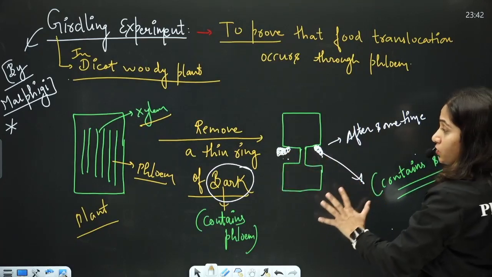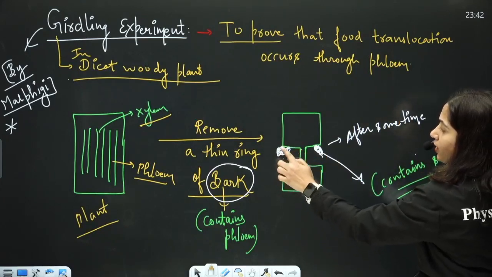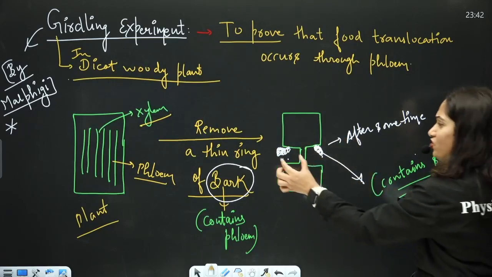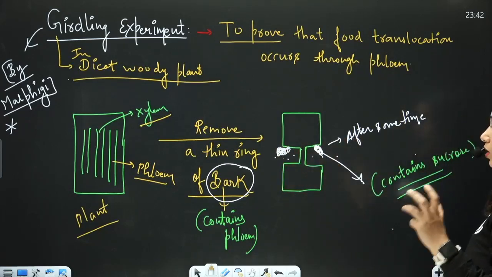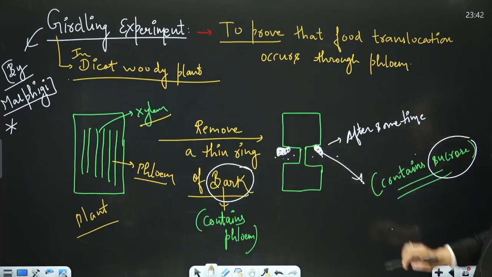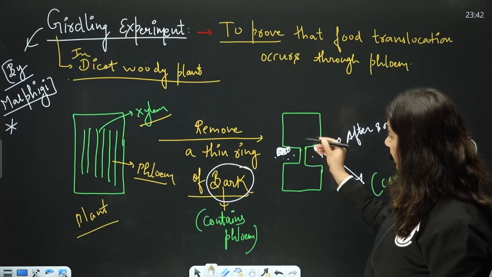Okay. So after some point of time, what will happen? Some material will be accumulated over here. And when I checked this material, I found out that sucrose is present in it. That means I have not removed xylem from this part.